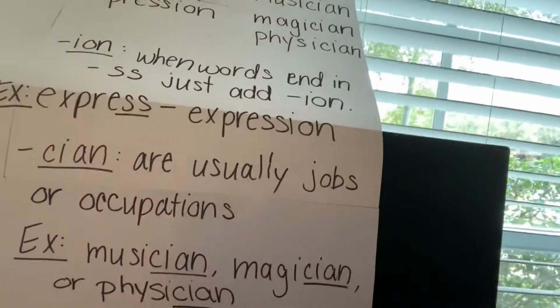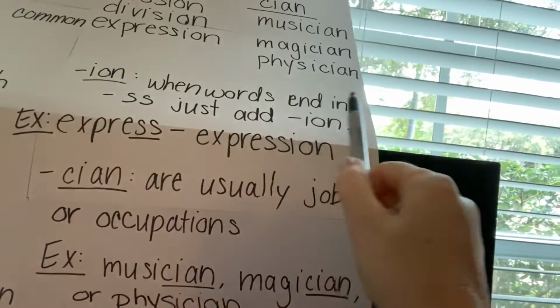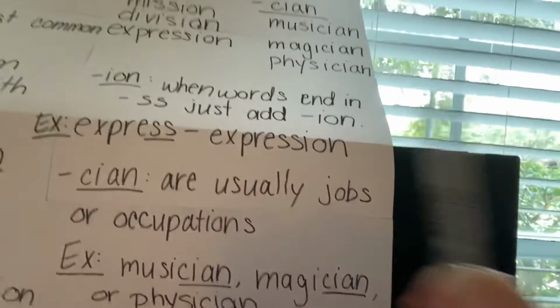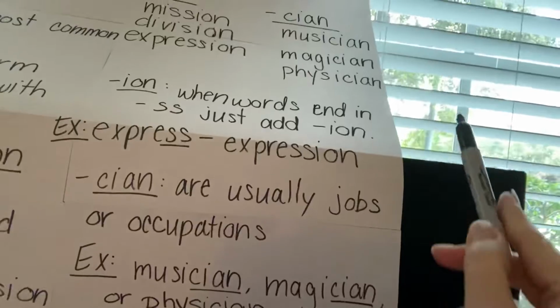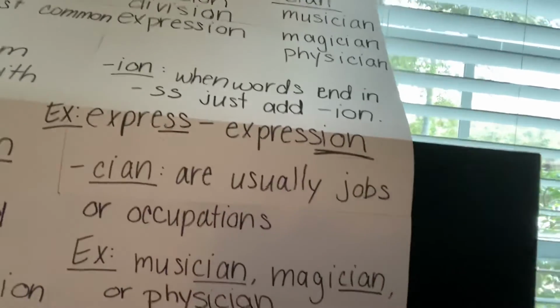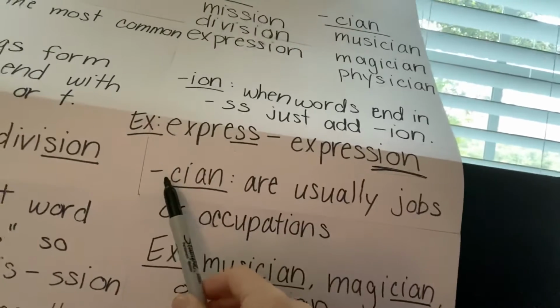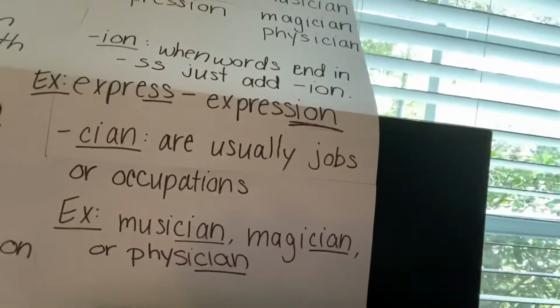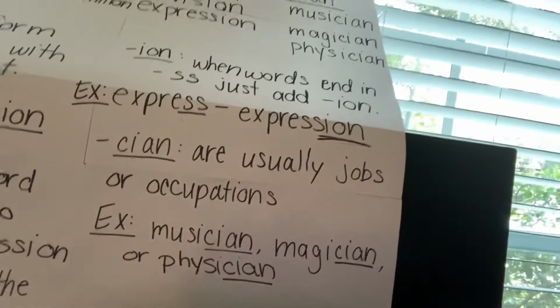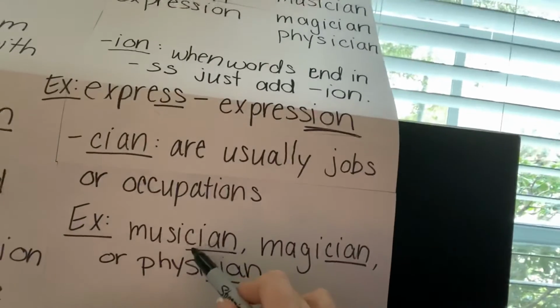ION is added when words end in SS, so for example, express becomes expression. Then you also have the CIAN words, which are usually jobs or occupations: musician, magician, and physician.